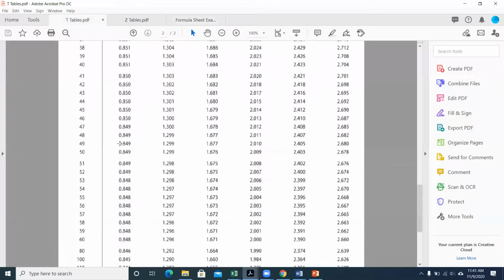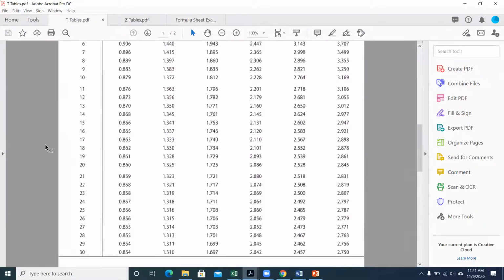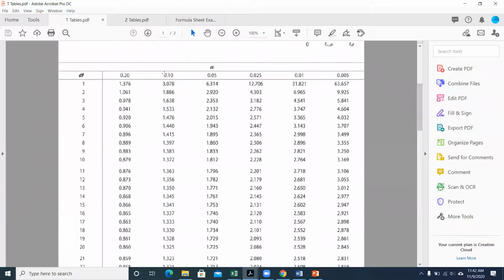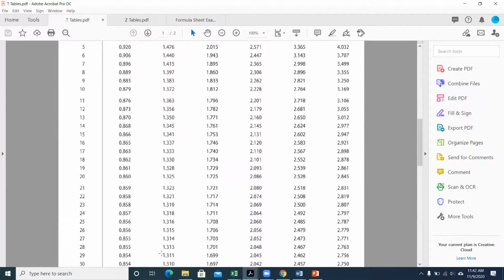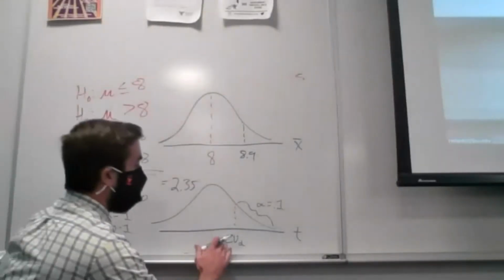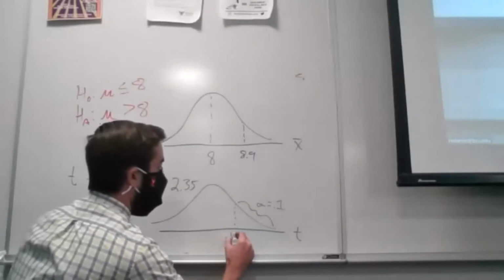We have a degrees of freedom of 29, so we're all the way down here, but the area we wanted in our tail was 0.1. So 0.1, go down to degrees of freedom 29, 1.311. So that will be our critical value. So here, this critical value would be 1.311.